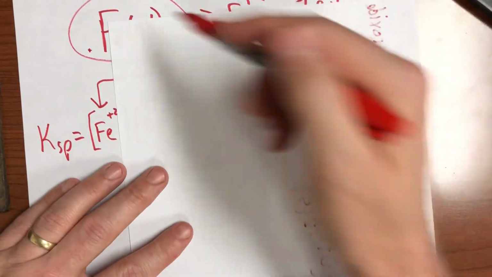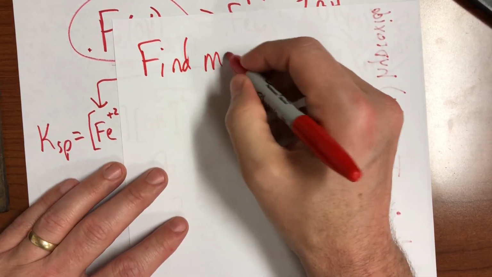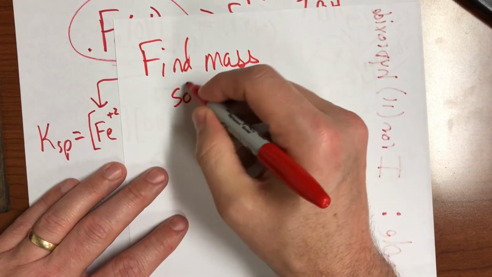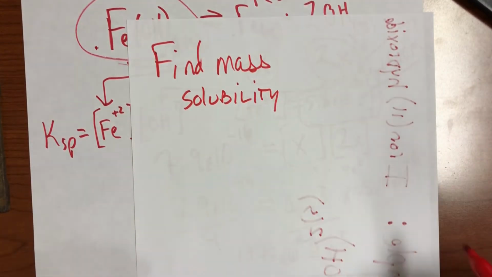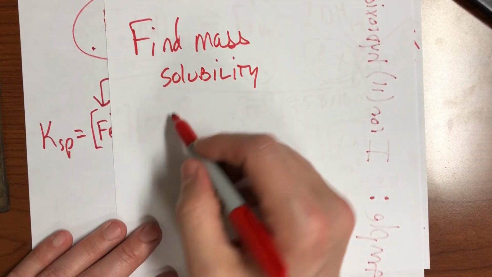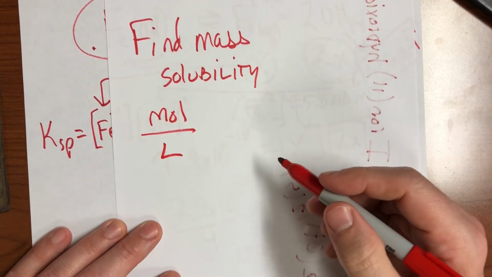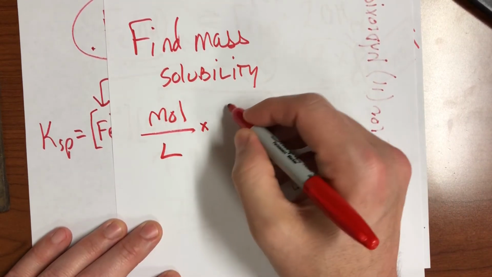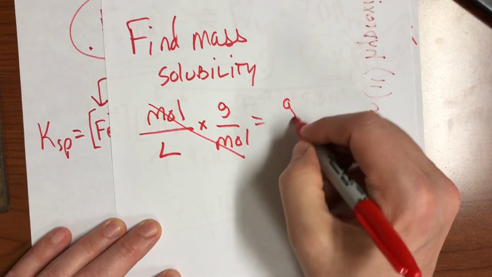We could be asked to find the mass solubility. And the nice thing here is this isn't a complicated question because we already got the molar solubility. If you have molar solubility, you can multiply that by grams per mole to get grams per liter.